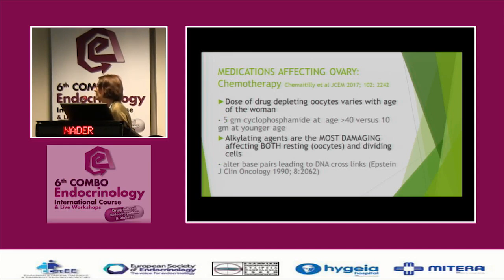For example, 5 grams of cyclophosphamide in a woman just over 40 may give her permanent amenorrhea versus 10 grams or even 20 grams in much younger women. Alkylating agents are the most damaging, affecting both the resting cells, the oocytes, as well as the dividing cells, and it is believed that what they actually do is they alter base pairs leading to DNA cross-links.